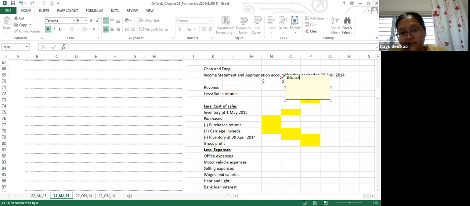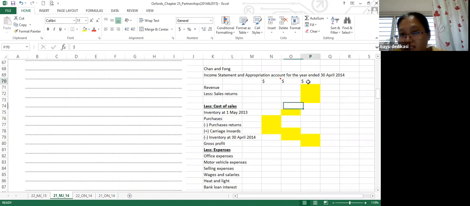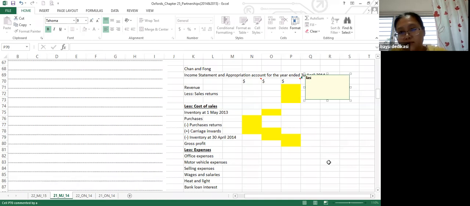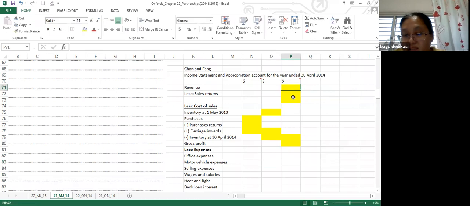This column is for the year amount, that means the individual account amount. And this last column normally is the net amount, or subtotal. So far clear? This one is the subtotal. Plus minus, the net is put into here.